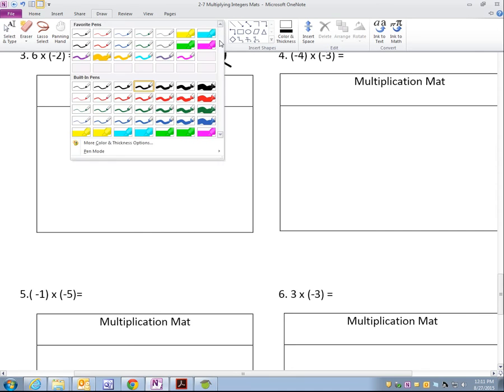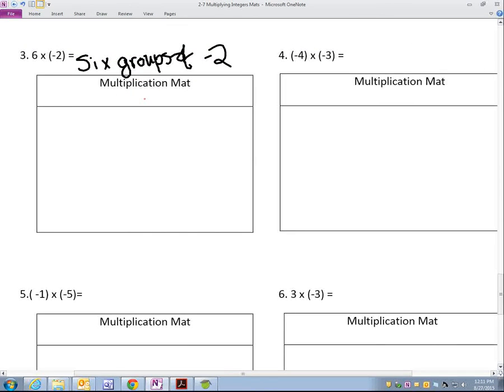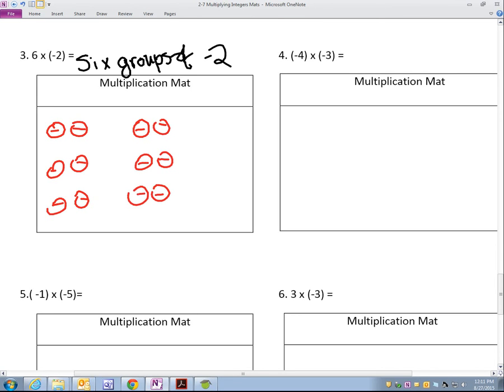So all I'm going to do is take my negative and make 6 groups of -2. There's 1 group. 2, 3, 4, 5, 6. 6 groups of -2. If you write out the sentence like I'm doing, there should be no reason for you to get any of these wrong tomorrow, and it's going to be such a quick check when we do our homework.